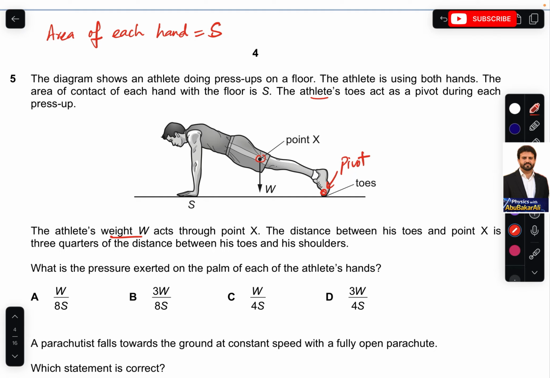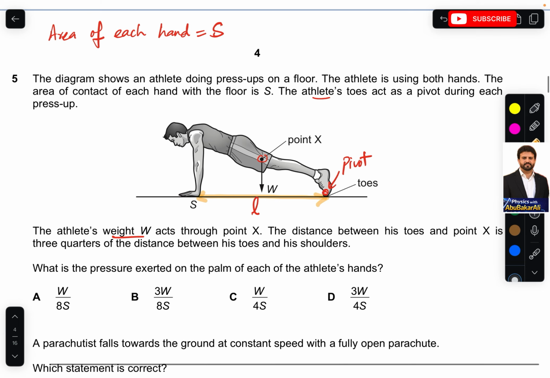So let's call the distance between the toes and the shoulder L, and the distance between the toes and this point is 3/4 of L. Okay, that they have given us.